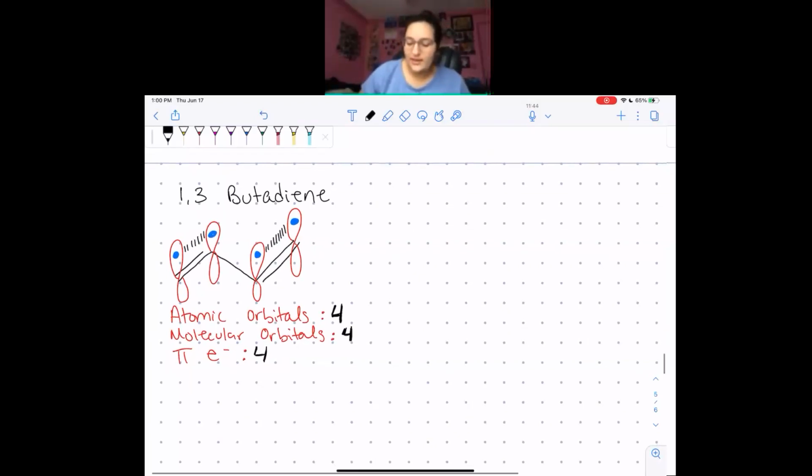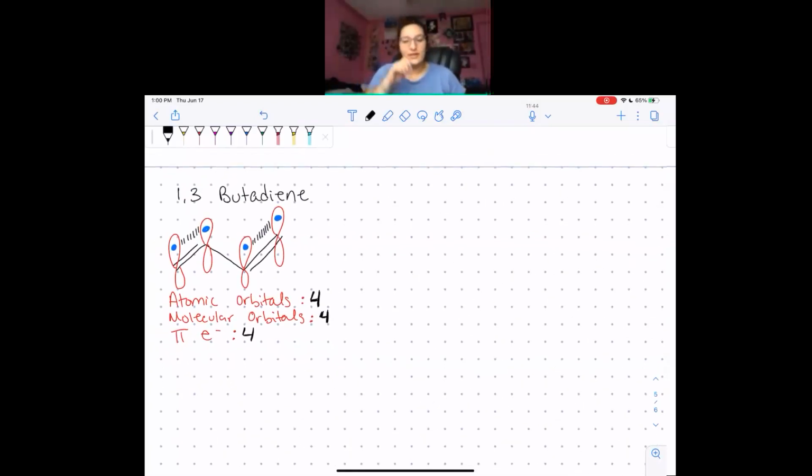And so now we're going to draw our molecular orbital diagram. And these 4 orbitals are going to correspond to these lines that I'm drawing. So each of these orbitals corresponds to one line.